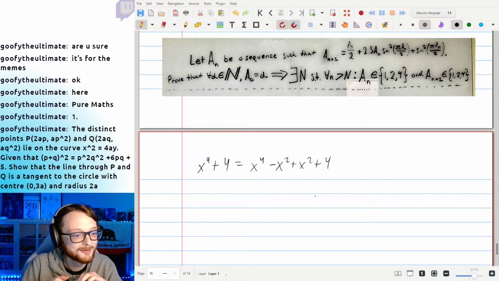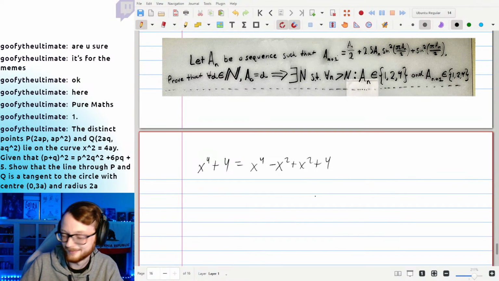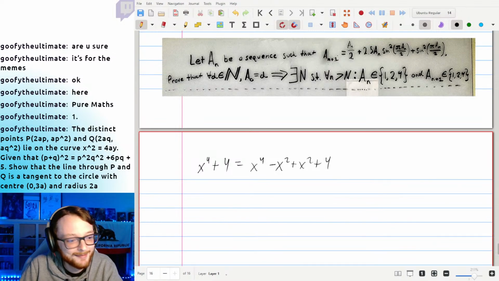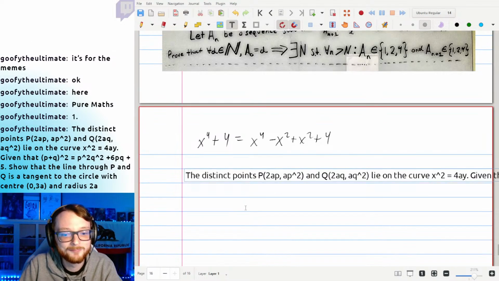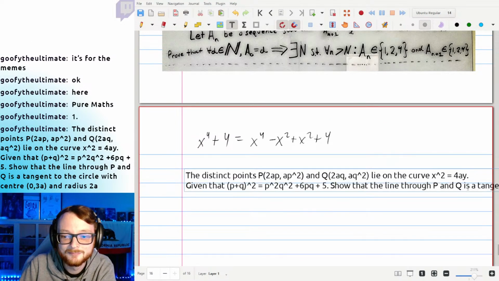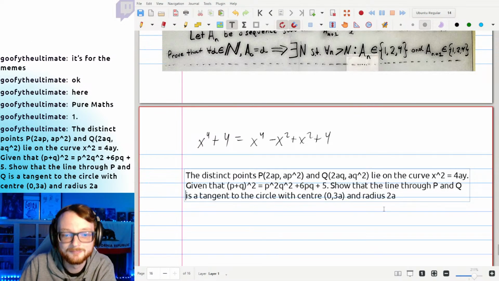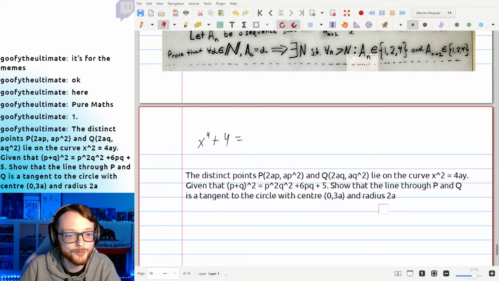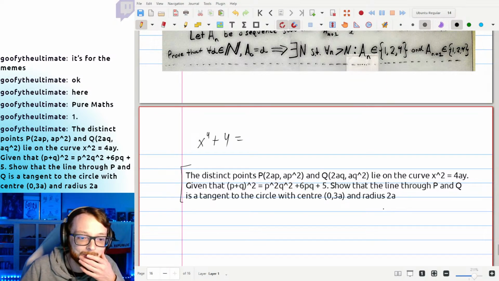What the hell? For that x to the fourth plus 4 thing, I'm not seeing the trick. I want to understand what this question is though, and then decide if I even want to try to do it.